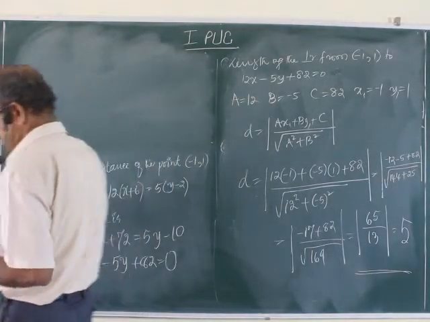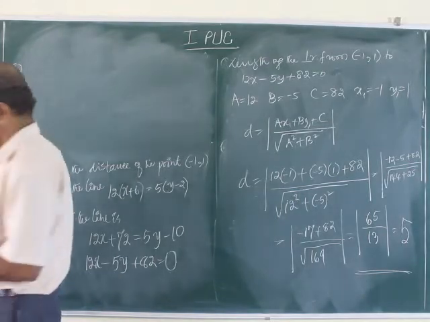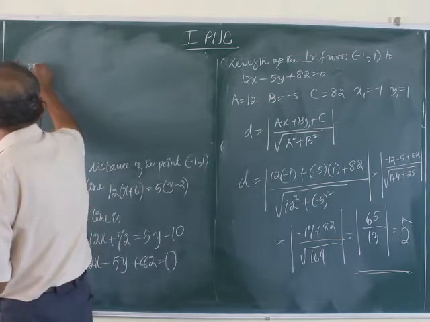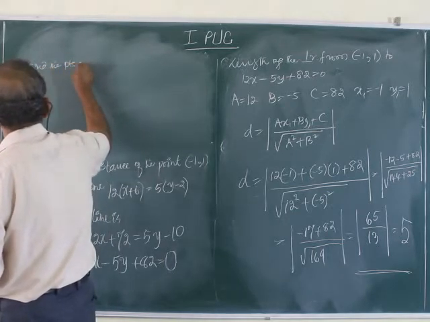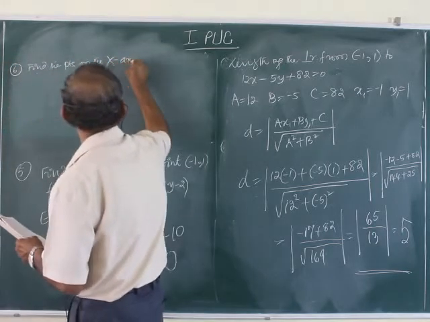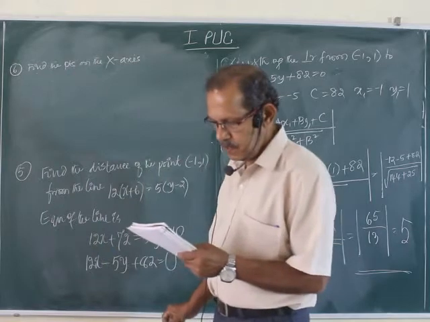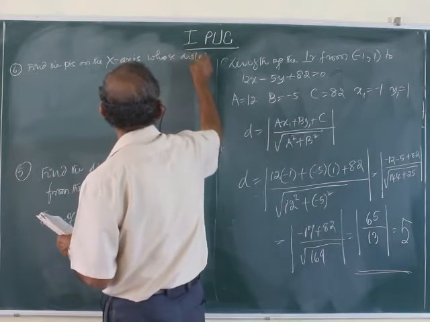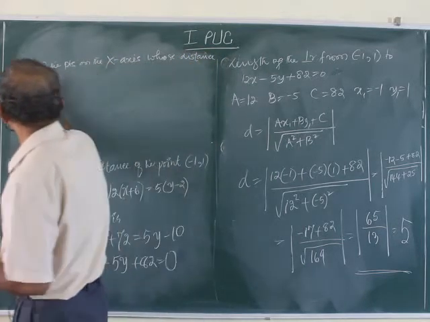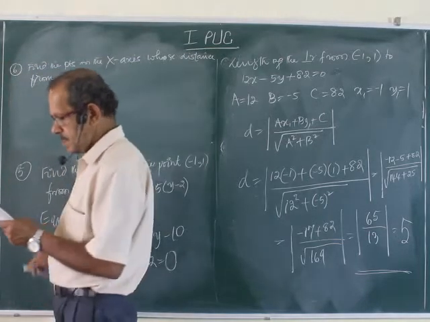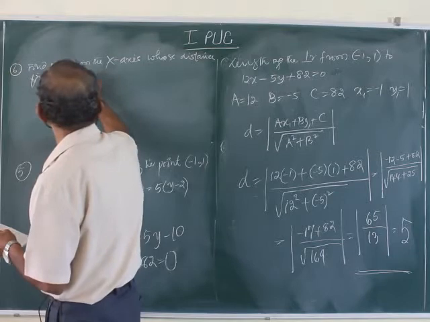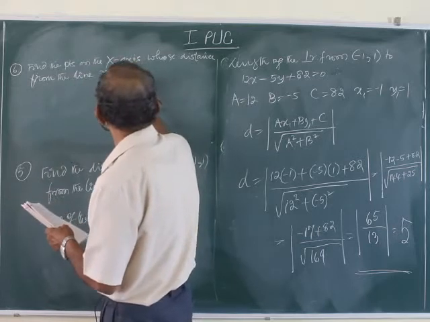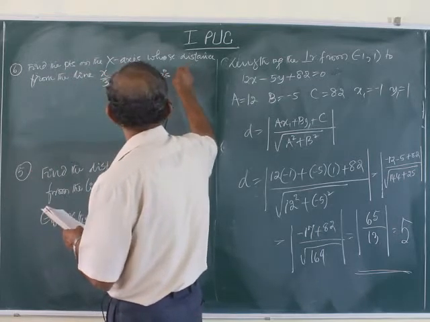Problem number 6. Find the points on the x-axis whose distance from the line x by 3 plus y by 4 equal to 1 is 4 units.